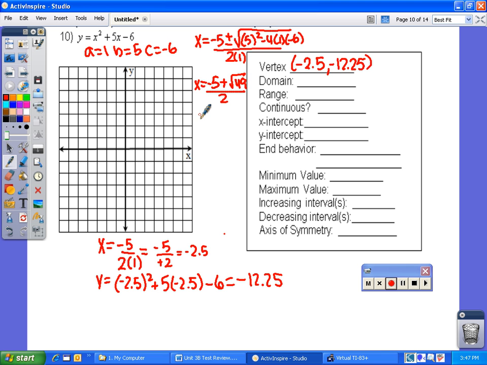The square root of 49 is 7, so we have negative 5 plus 7 over 2, and negative 5 minus 7 over 2. And this gives us 1, and this gives us negative 6. Where it says x-intercept here, you can put x equals 1 and x equals negative 6.